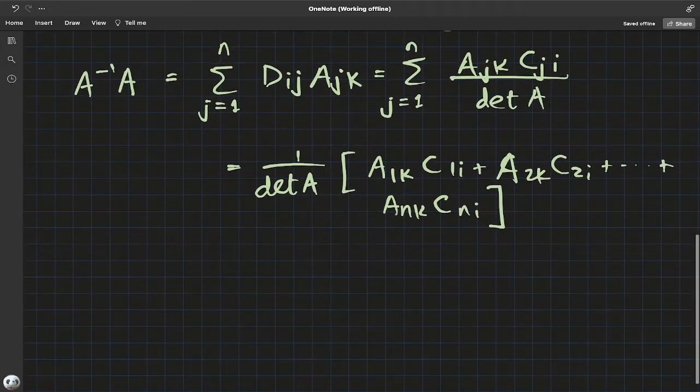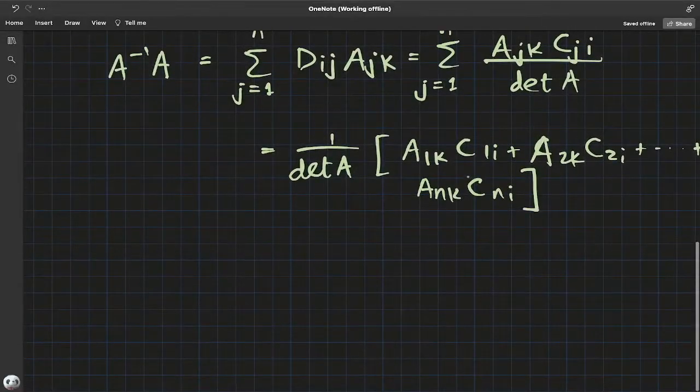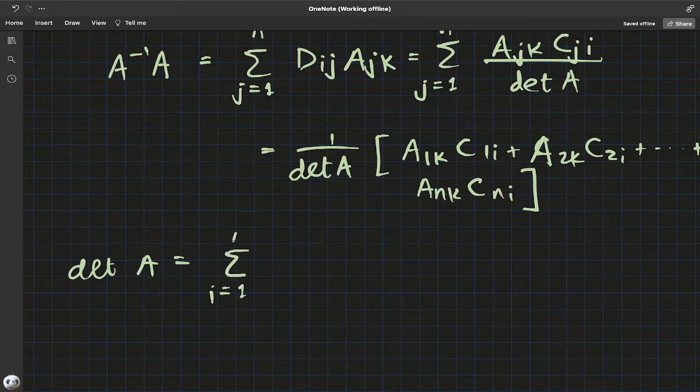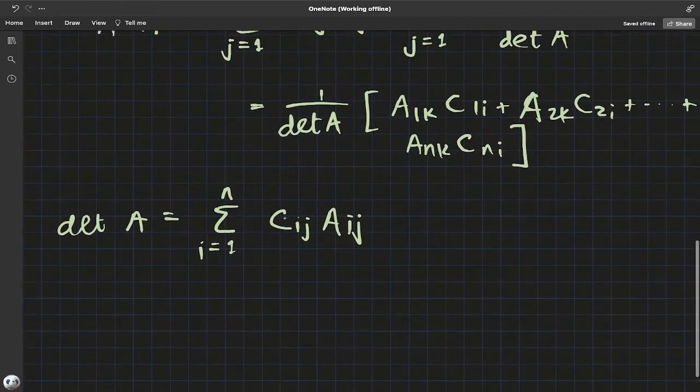So you notice what's going on here. This looks a little like the determinant formula we had on the previous page. Remember, determinant of A, sum from i equals 1 to n, Cij, Aij. This looks a little bit like that if you just expand it out for some terms.